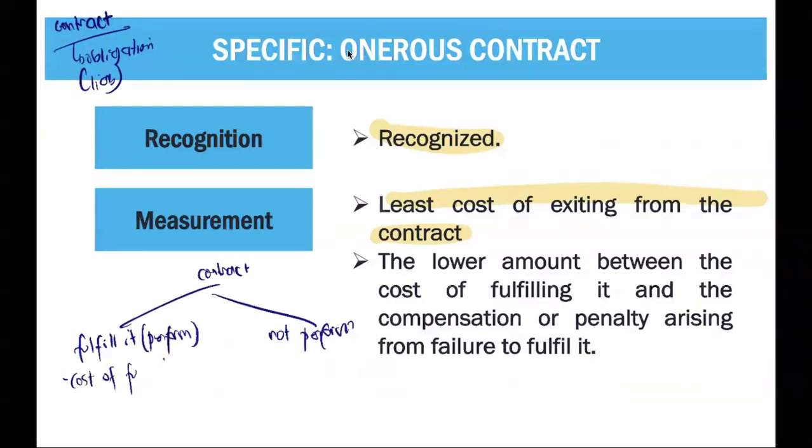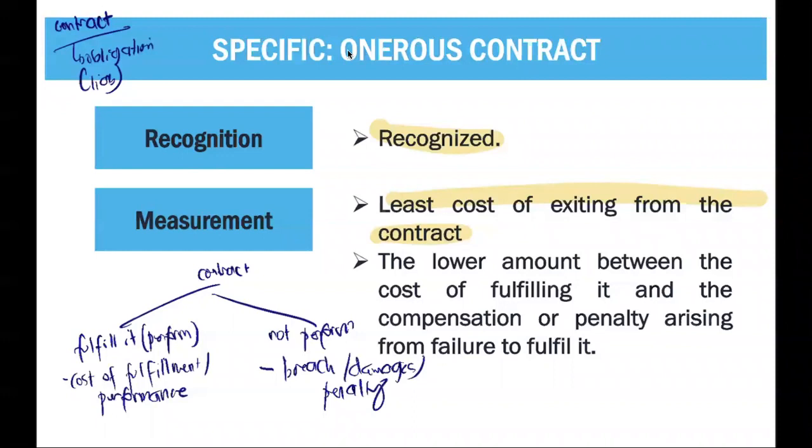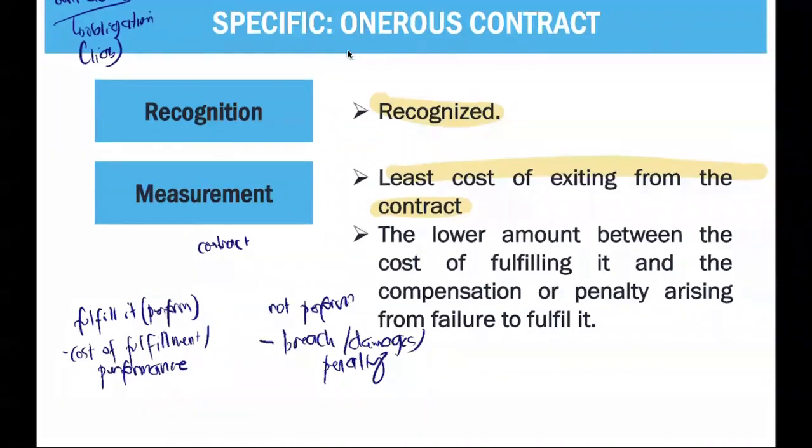Okay? Cost of fulfillment or cost of performance. If you will not perform it, you have here your breach or damages or penalty. Okay. So under the standard, once you will not perform it, you will have a breach or damage. Once you perform it, you have your fulfillment or performance.